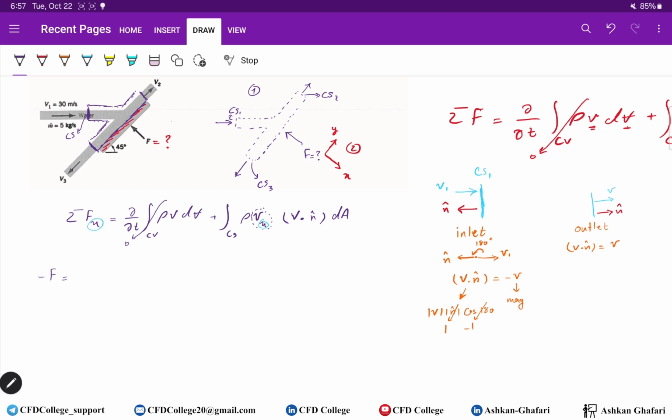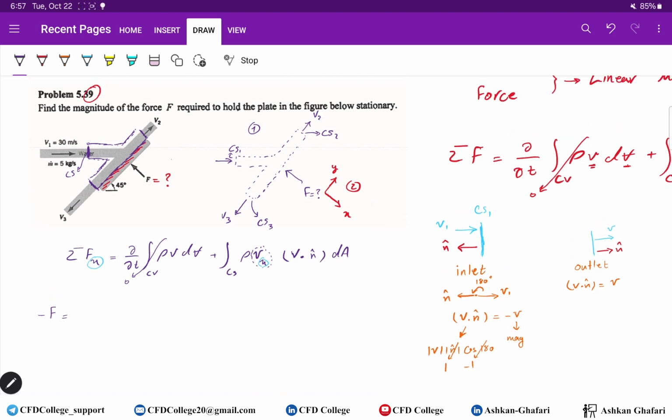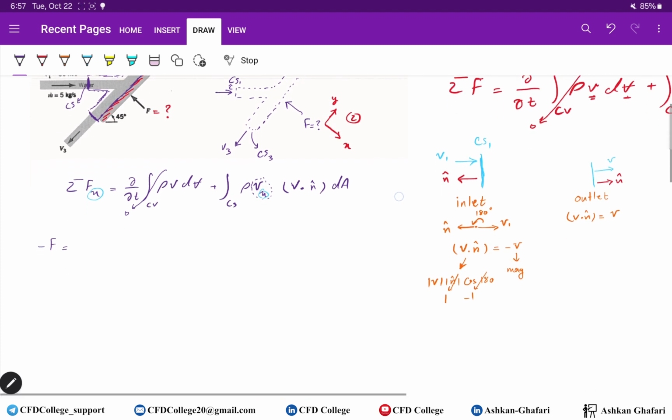As you can see, the velocities v3 and v2 are perpendicular to the x direction, so they don't have any momentum in this direction. So the only control surface that matters is CS1.